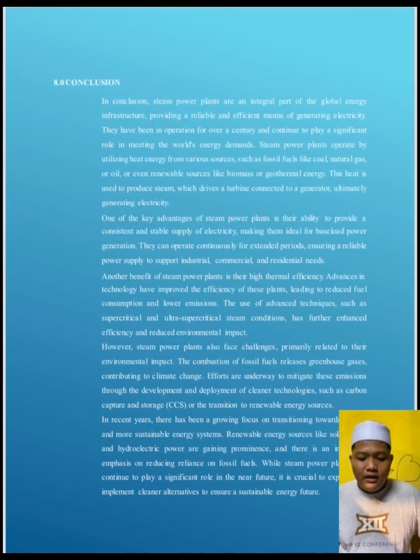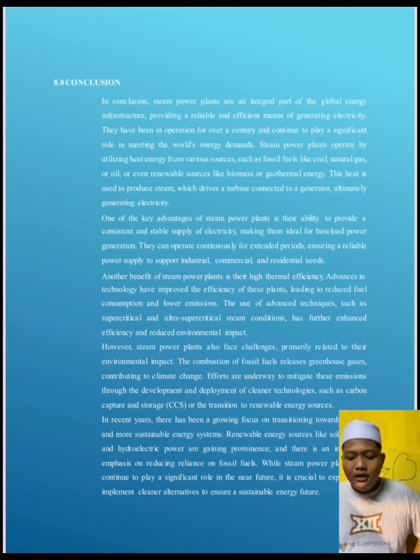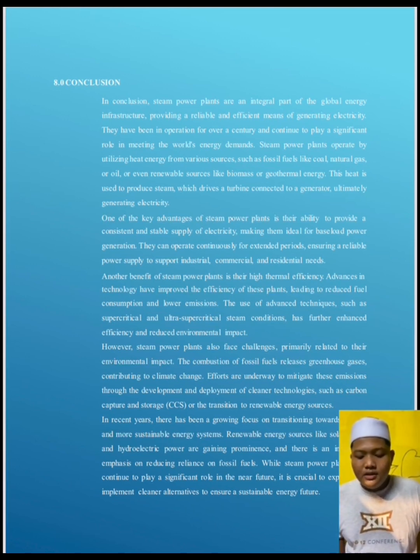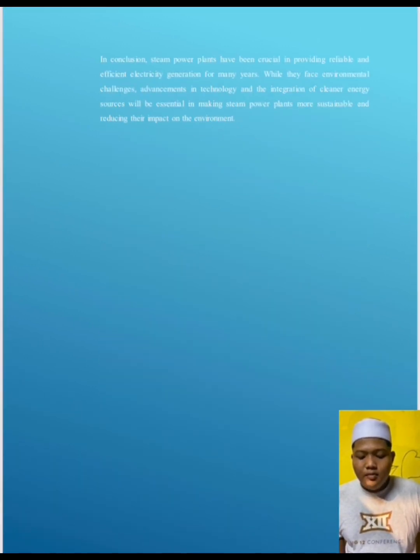Next, 8.0 conclusion. In conclusion, steam power plants are an integral part of the global energy infrastructure, providing a reliable, efficient means of generating electricity. They have been in operation for over a century, and continue to play a significant role in meeting the world's energy demand.